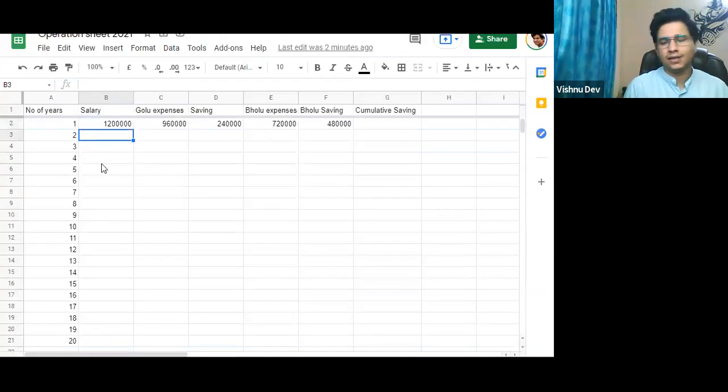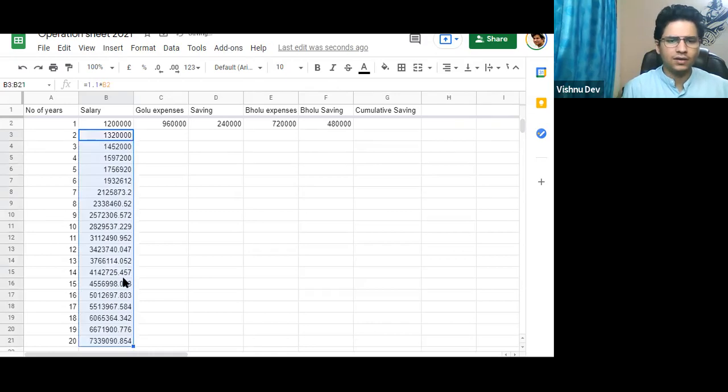So salary will increase by how much? 10%. So it will be 1.1 times every year. So it will be 10% of 12 lakh for the second year. Now I'll just calculate for 20 years first.